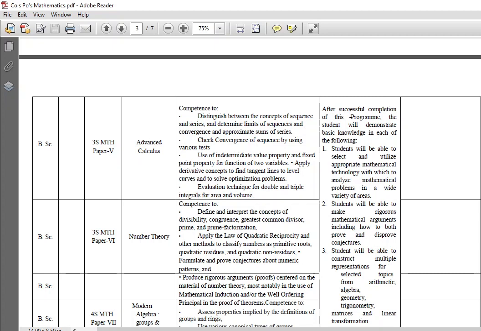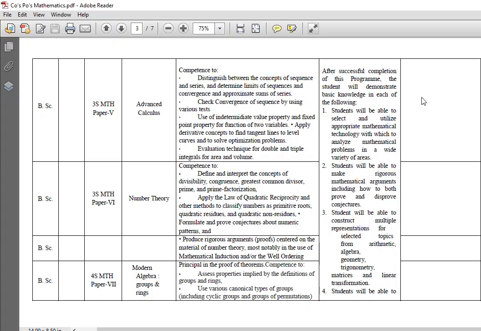After successful completion of this program, what you are going to achieve is that you will demonstrate basic knowledge in each of the following. You will be able to select and utilize appropriate mathematical technology with which you can analyze mathematical problems in a wide variety of areas. You will be able to make rigorous mathematical arguments, including how to both prove and disprove a conjecture.